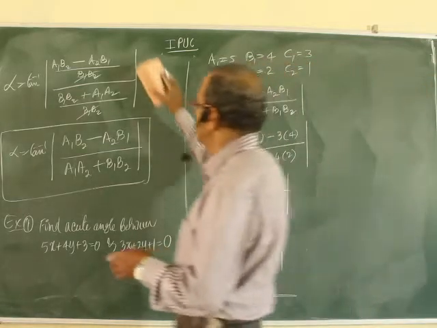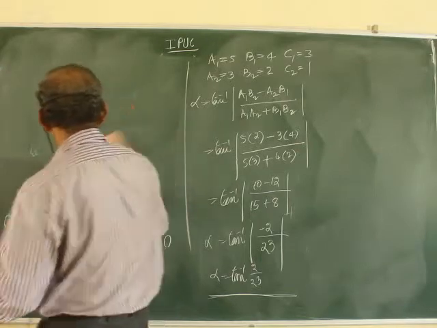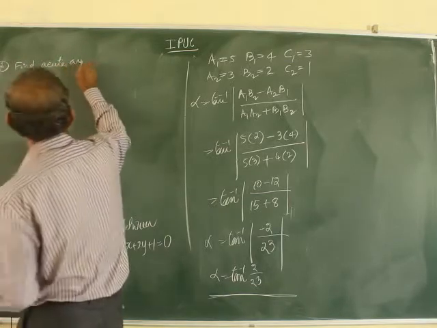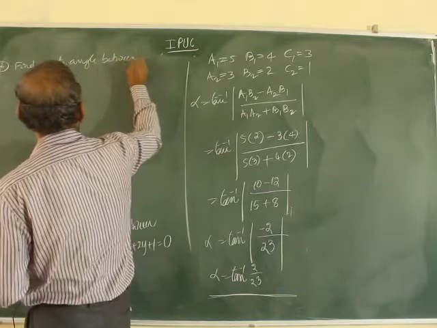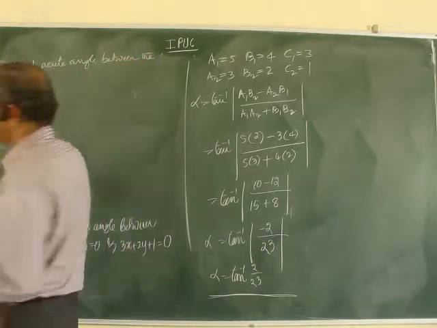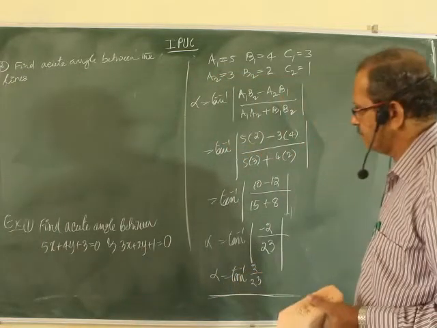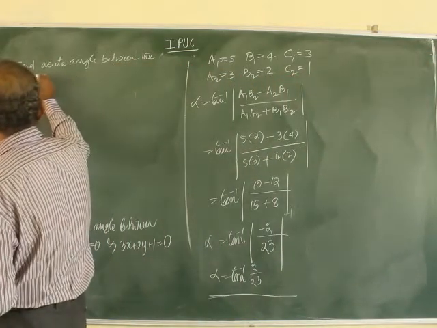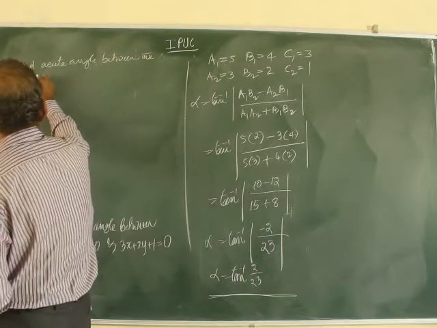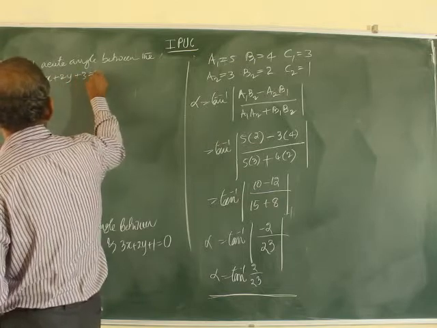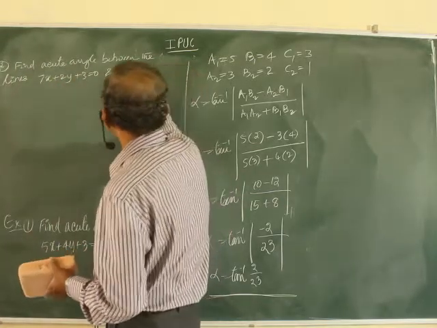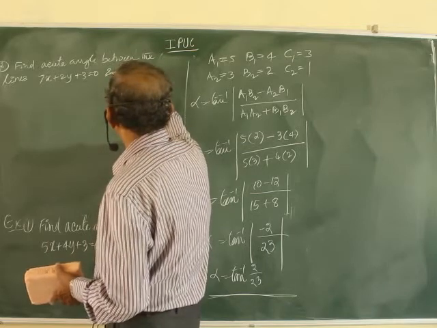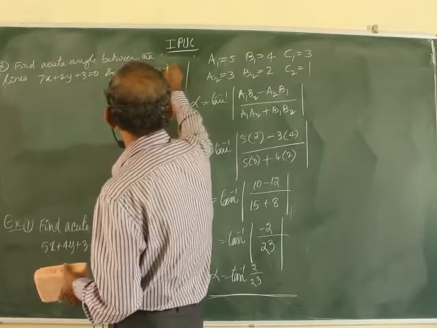Right? Let me take one more, using the coefficients. Find the acute angle between the lines 7x plus 2y plus 3 equal to 0 and 3x plus 4y plus 1 equal to 0.